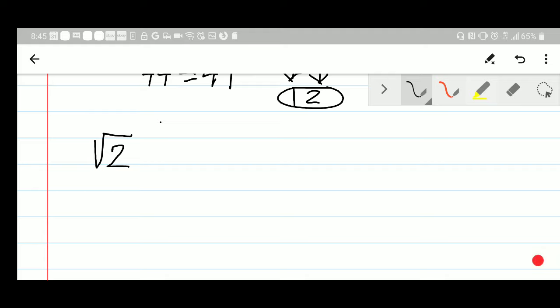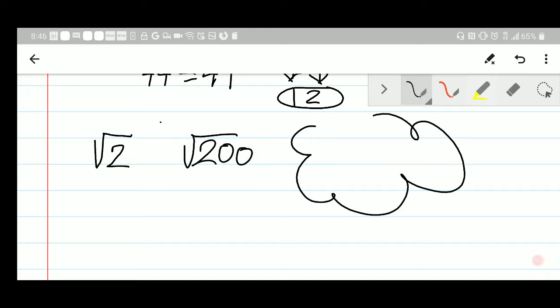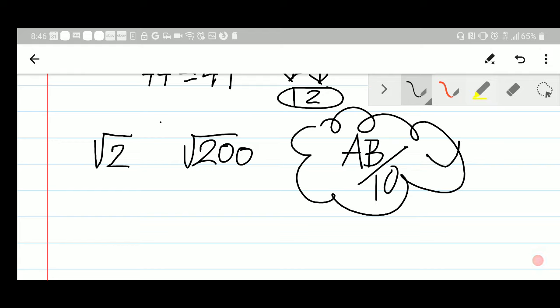It has to be in terms of squares. So we say square root of 200, and we have to remember whatever our AB is, we have to divide that by 10, or move the decimal place one spot. But let's just do it and you'll get the drift.